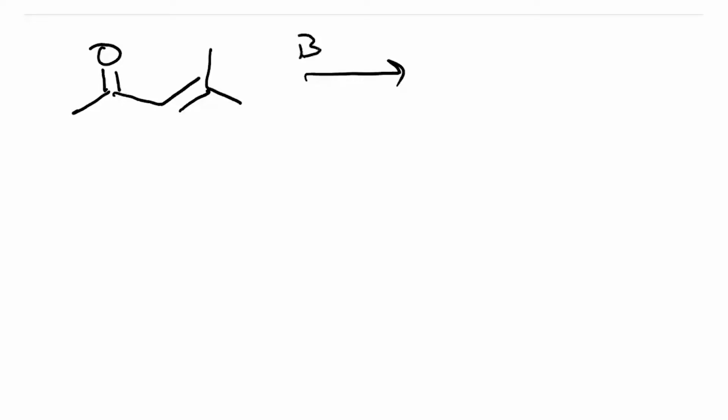Now, I'll give you one more example. We take the C double bond O compound and react it with butyl MgBr, magnesium bromide. This is the Grignard reagent, which we have looked at previously.